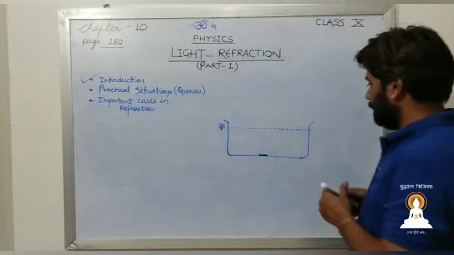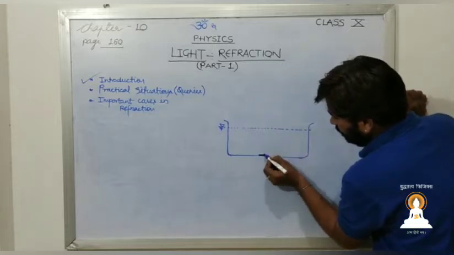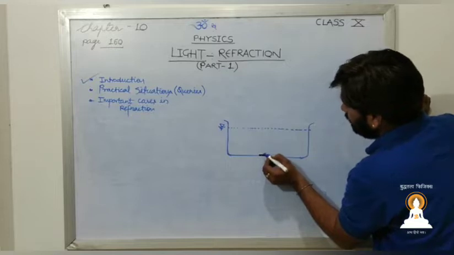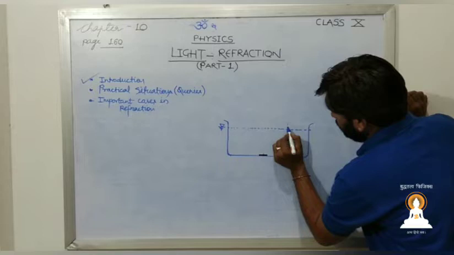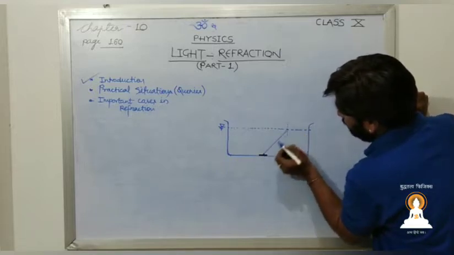Suppose this is the coin. Now from this coin, if rays come to you, then we will have one normal here, over which this light will move.